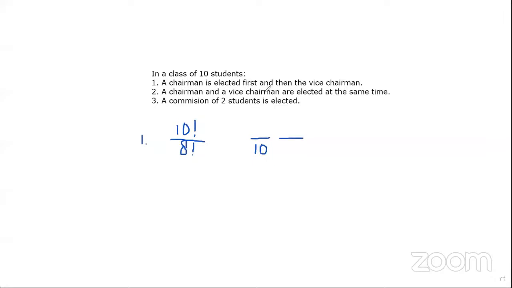Then you elect the vice chairman, and that is 9, because once someone is elected as chairman, you cannot elect him or her as vice chairman. So it is 10 times 9.